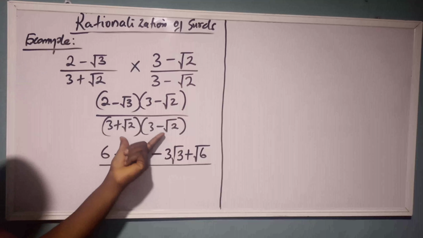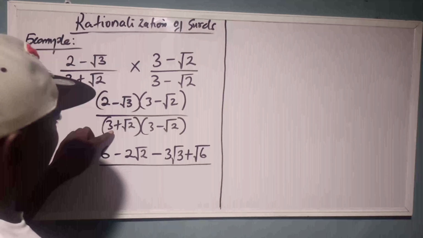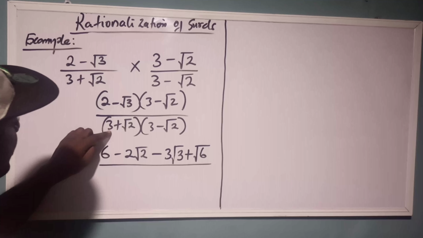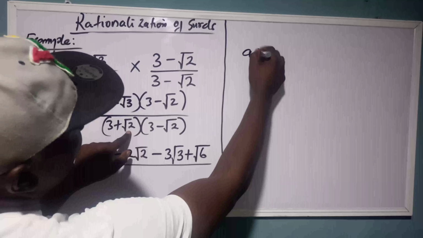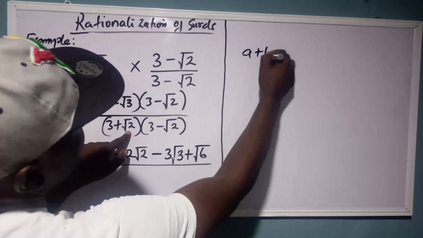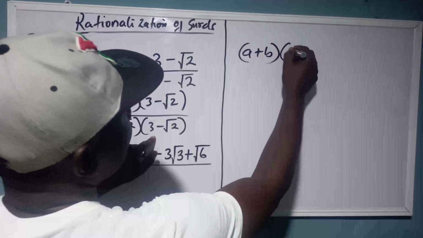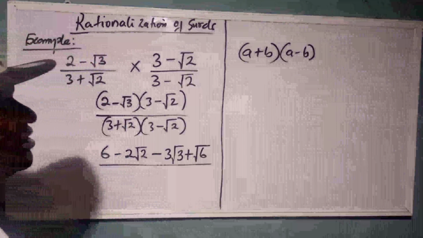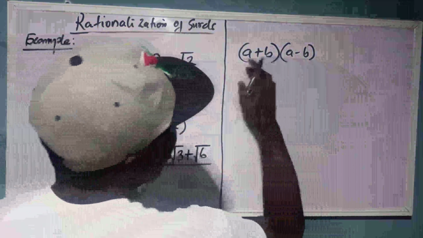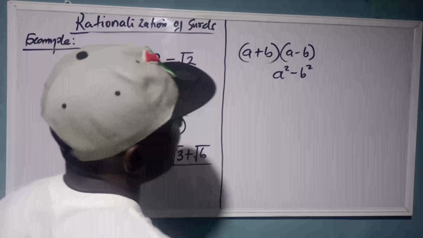Now, if you look at these values in the denominator, you see it's a difference of two squares. For instance, if I represent this 3 as A and positive root 2 as B, and I do the same thing here, A minus B. You can see that this is a difference of two squares, where if I expand this bracket, I'm going to have A squared minus B squared.